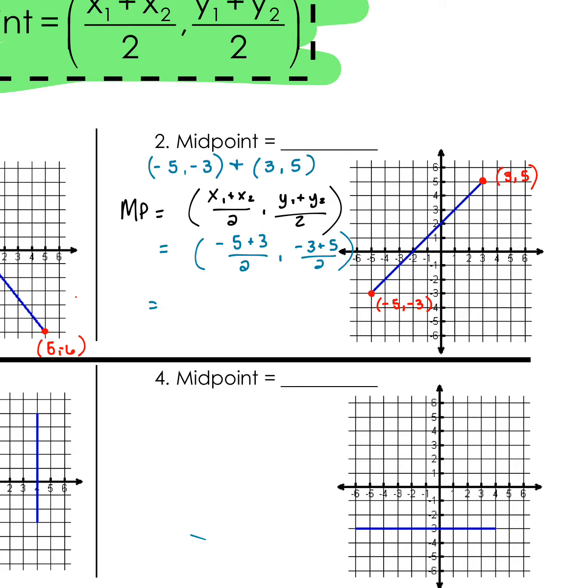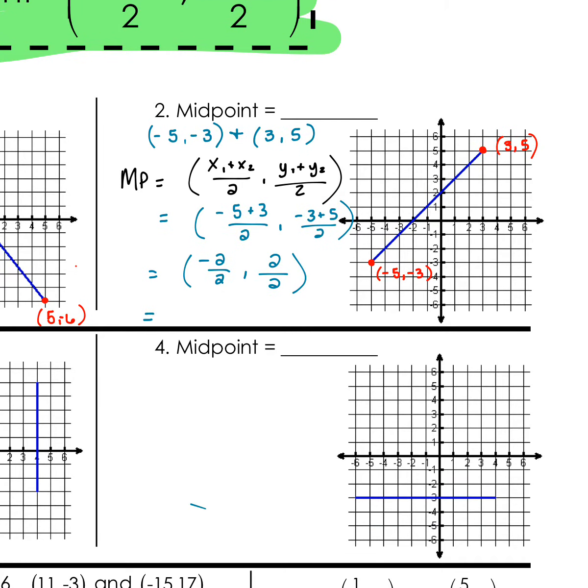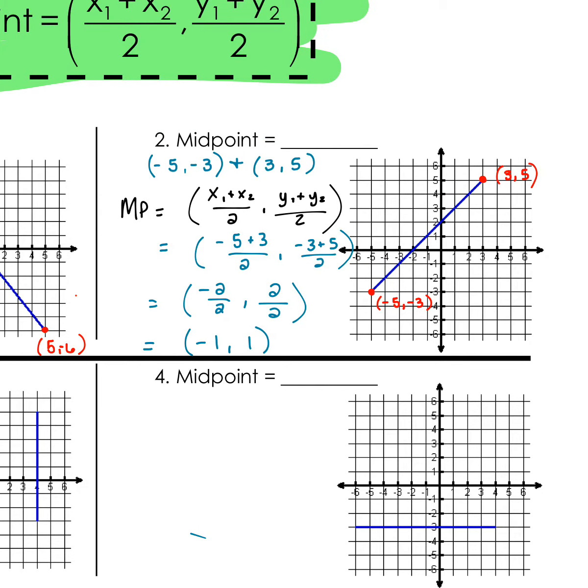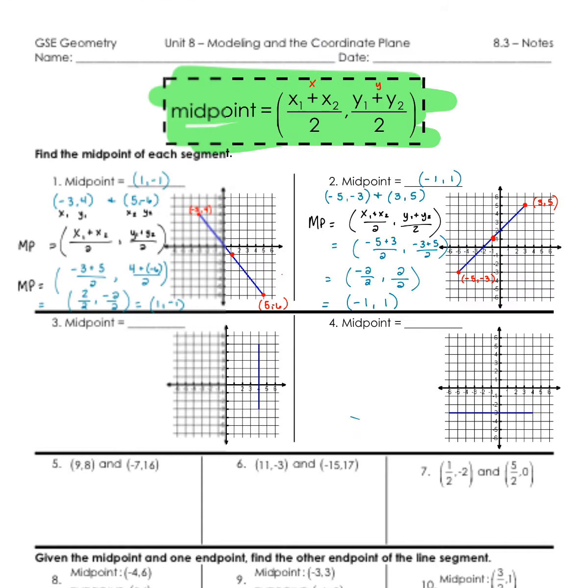Negative 5 plus 3 is negative 2. Negative 3 plus 5 is positive 2. Then again, we just reduce those fractions, and we get our midpoint to be negative 1, positive 1. We can plot that on our graph, and we can see that's a pretty good representation of the midpoint of this particular segment.